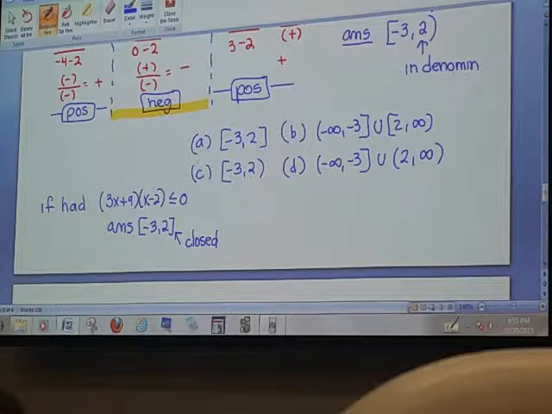Because now I'm allowed to have an equal 0, because it's no longer in the denominator. But the analysis is the same. So you basically only have to worry about it with the denominator.